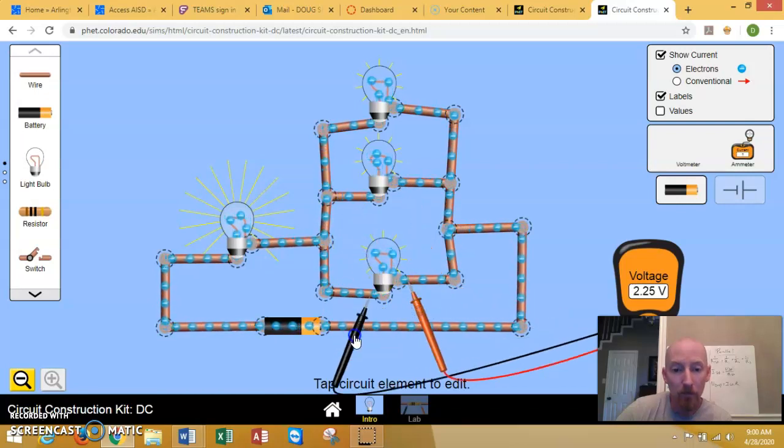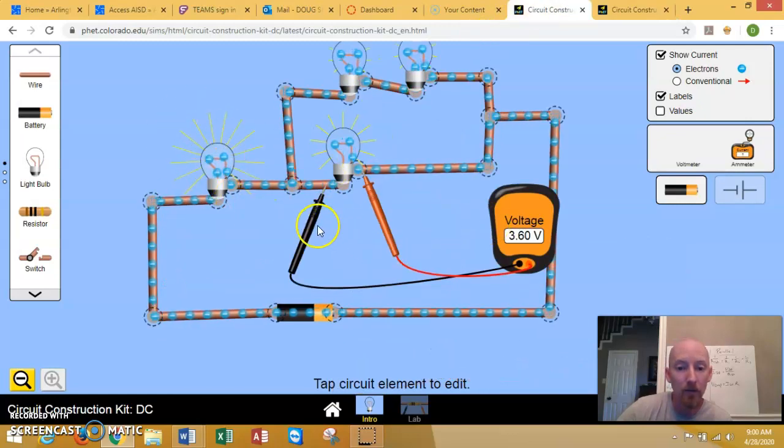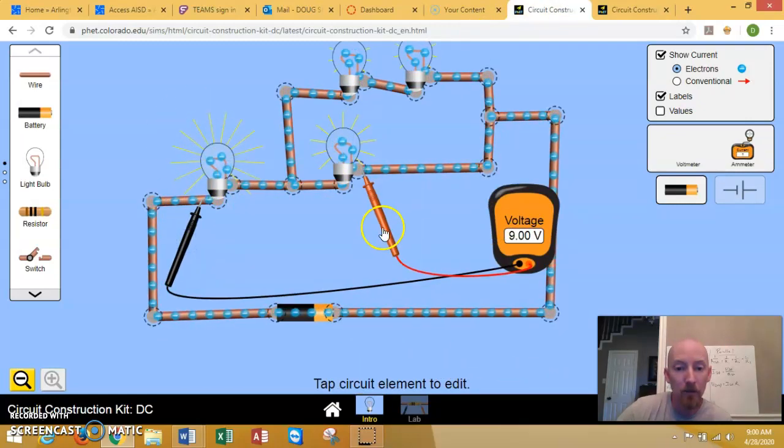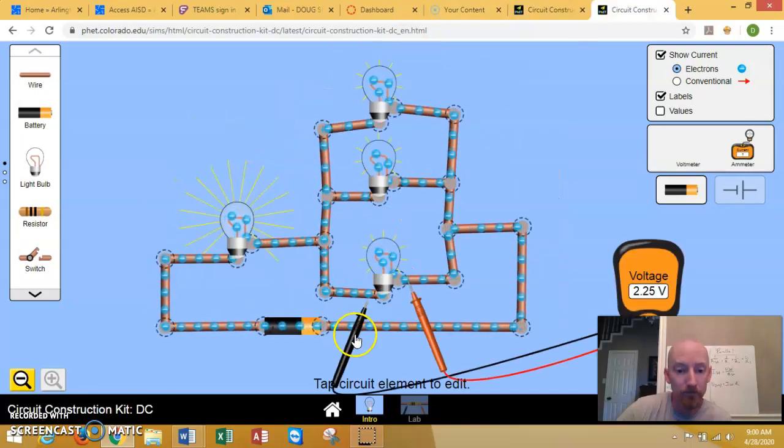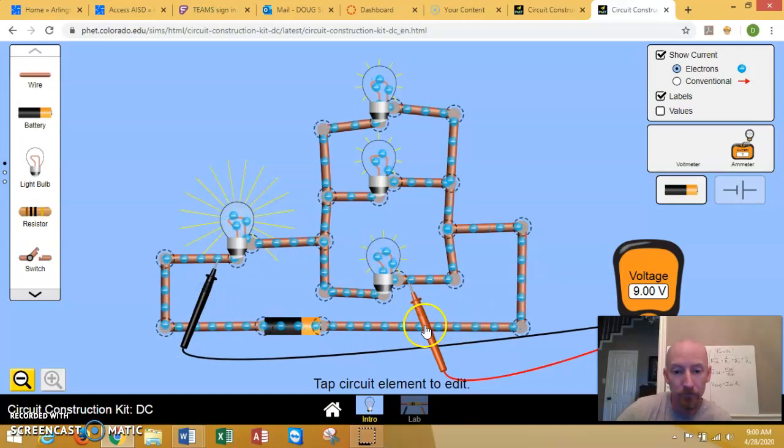Interestingly enough, even though there's less resistance, there's less potential. And the reason is because this one is brighter. This one is getting more pizza. The drop here is bigger than it is in this circuit. Let's see, what is this? 5.4. 6.75.